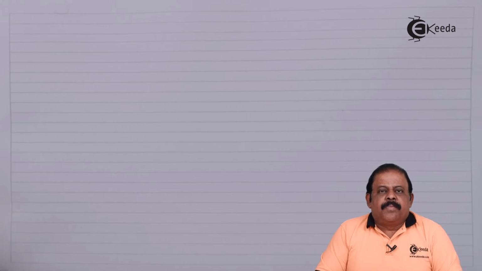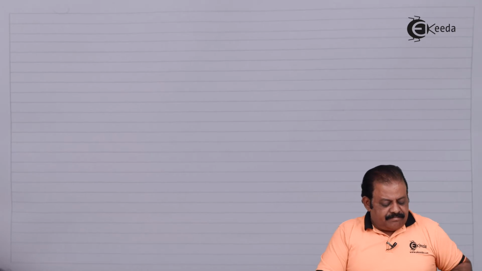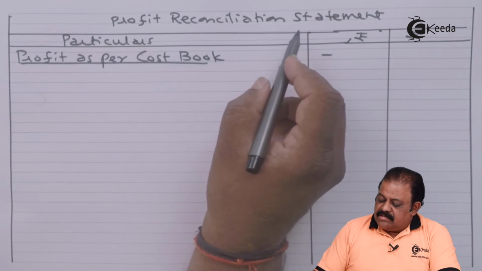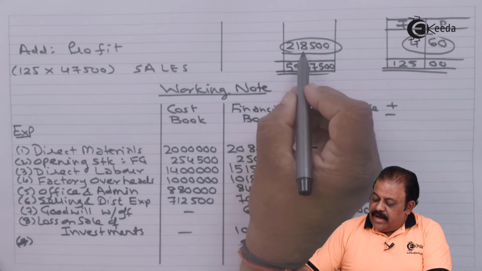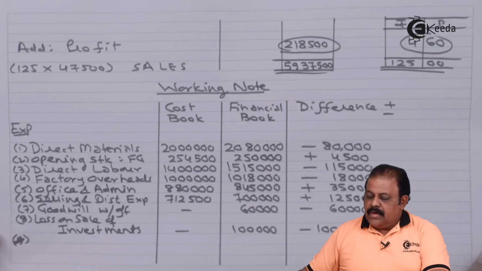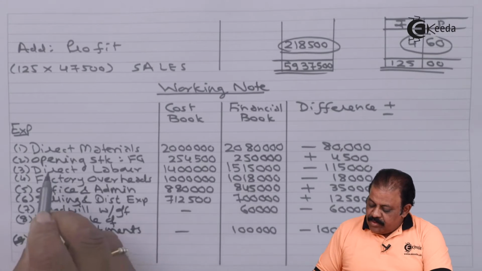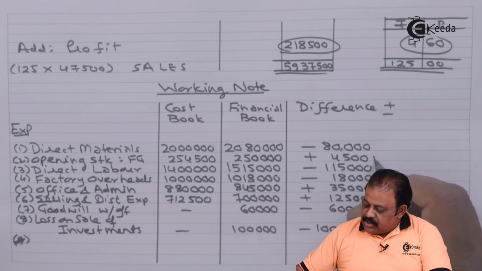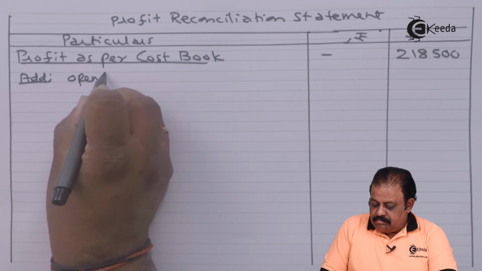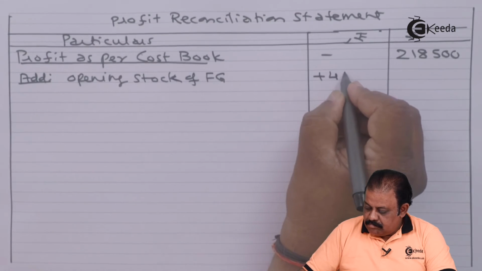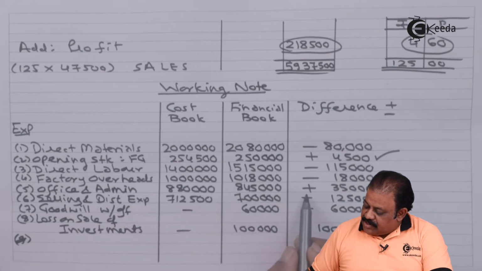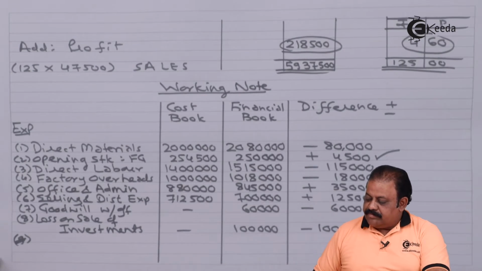Now we can proceed to prepare the profit reconciliation statement. We'll be starting the profit reconciliation statement with profit as per cost book. Cost book profit is 2,18,500. Now we'll be adding the items. Opening stock of finished goods plus 4,500. Office and administration overheads plus 35,000.